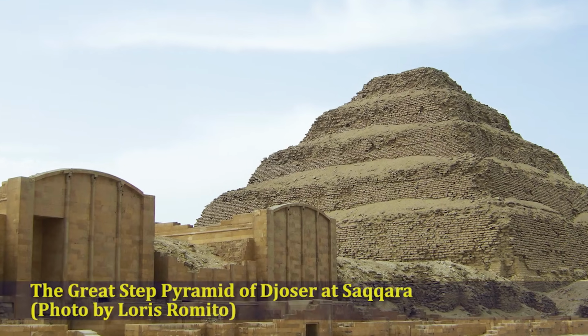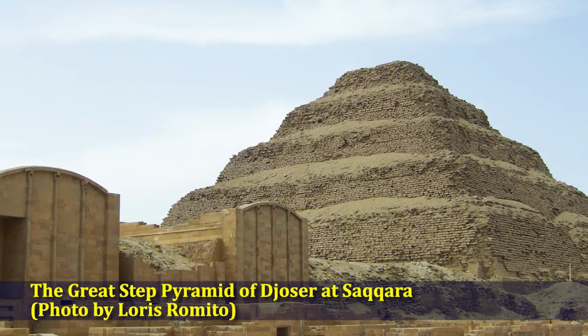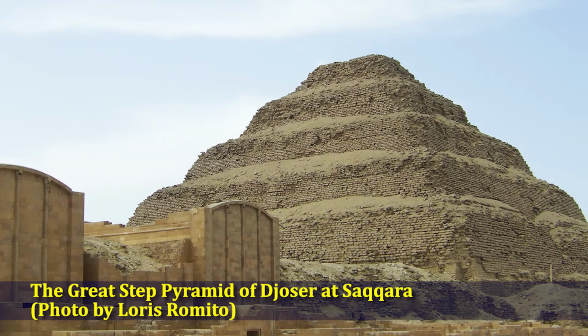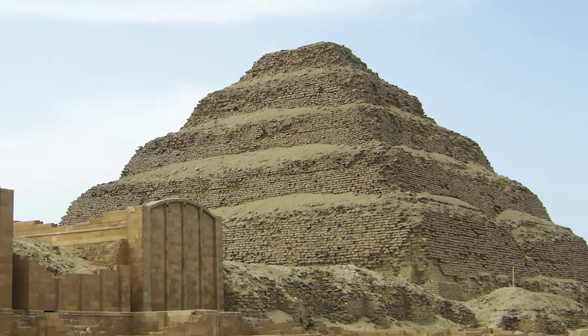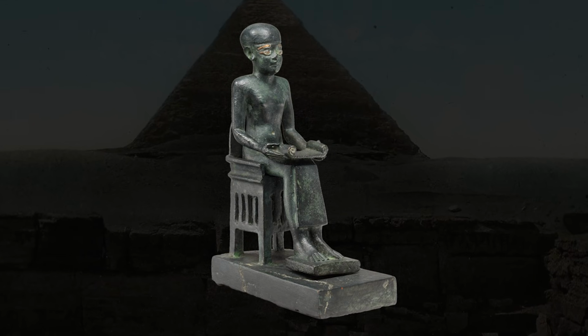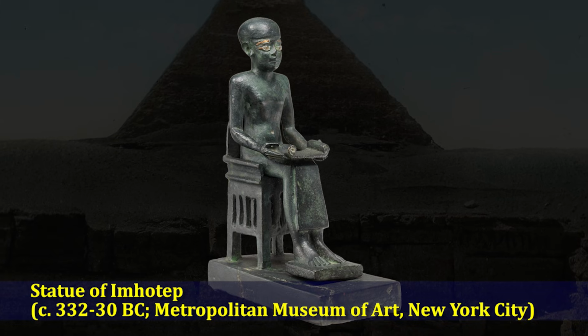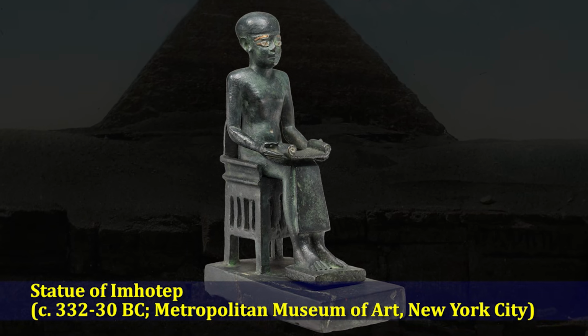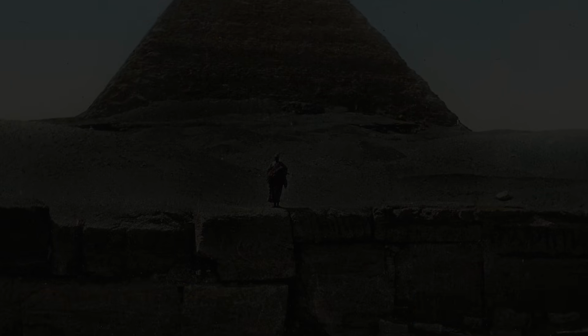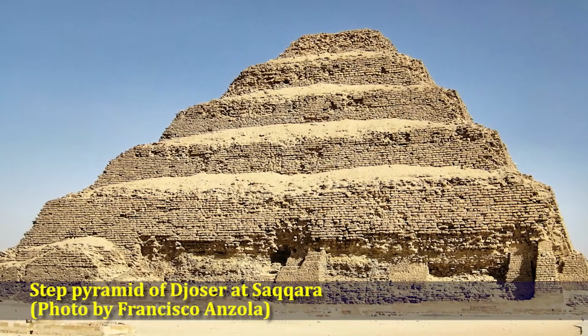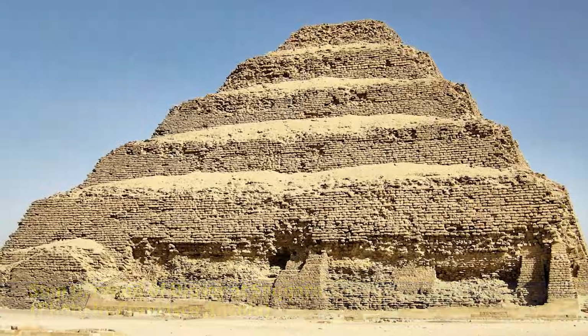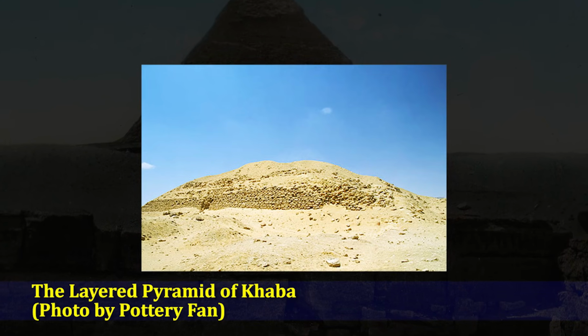The first pyramid-like structure was the Step Pyramid of King Djoser at Saqqara, the great necropolis near Egypt's capital of Memphis. Designed by his vizier and chief architect, Imhotep, it was technically not a true pyramid, but a series of mastaba-like structures stacked on top of each other. The kings after Djoser attempted to build similar buildings, though they seem to have not been as successful.